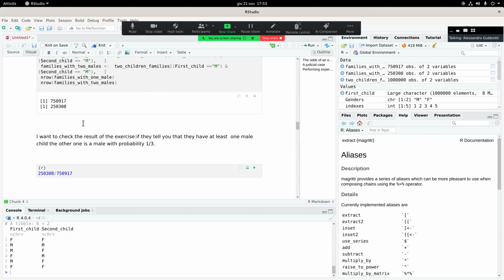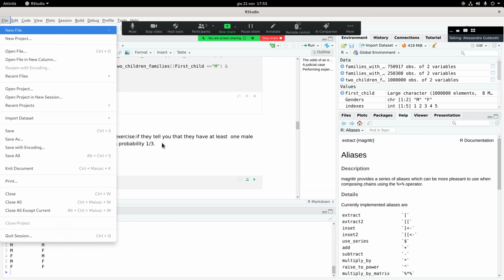The sample space is MM, MF, FM, FF. Each element has probability 1/4, because actually it's a little bit more probable to have a female child, but only a little, so let's say it's 1/4.